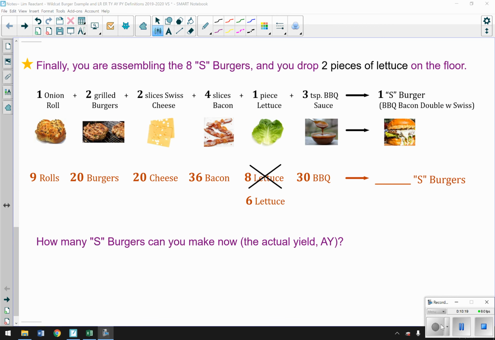All right, so there you are. You have everything ready. You get your rolls browned up, you grill your burgers, you have your cheese and bacon fried up, and you're all ready to assemble the 8 burgers that you can now make because your pesky sibling ate a BLT. Well, what happens as you're assembling the burger? So you have the 8 buns laid out, you lay down your burgers, you put on your cheese.